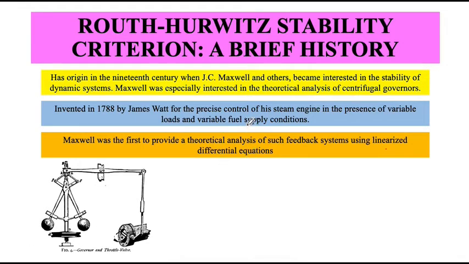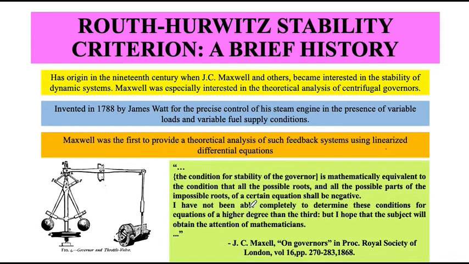So what does Maxwell say in his paper? This is from his paper of 1868 called On Governors, which appeared in the Proceedings of the Royal Society of London. You can still download it.